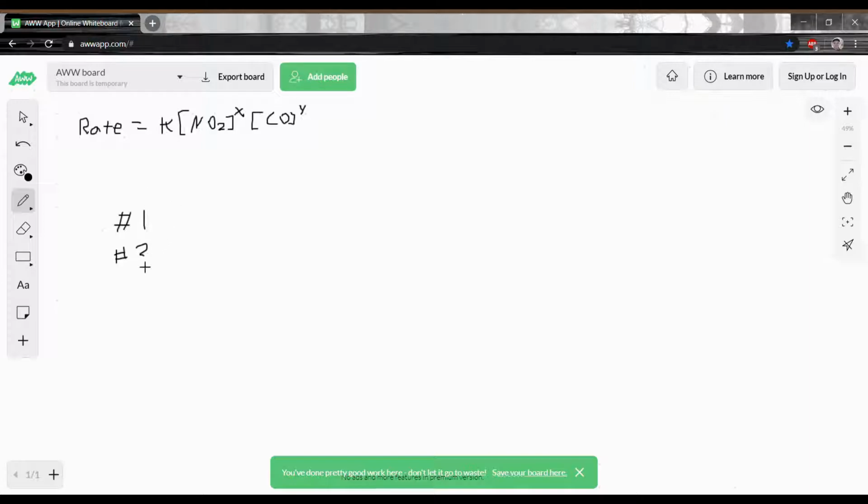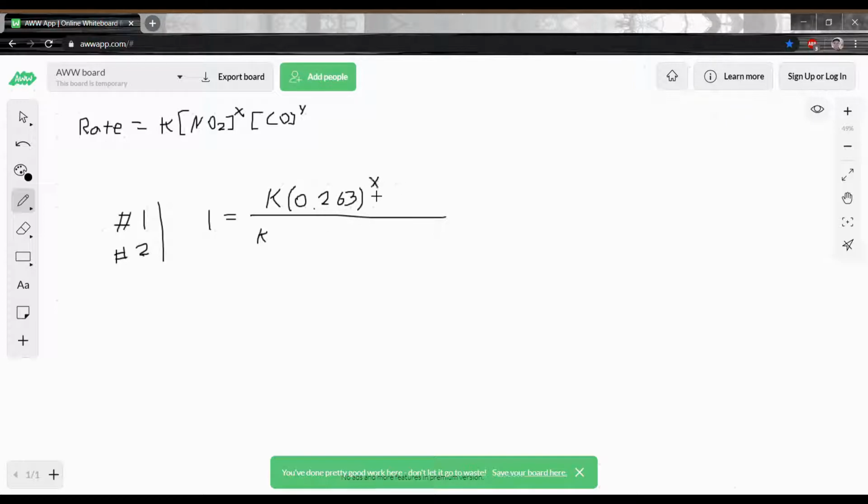It's not actually going to matter because the reaction rates are going to be the same for the 2 trials. So we're going to have 1.44 times 10 to the negative 5th for both. That's just going to cancel out to equal 1. So we can save time by just writing 1 there. And that's going to be equal to our K on both sides, multiplied by our concentration of NO2, which in our data set is 0.263.